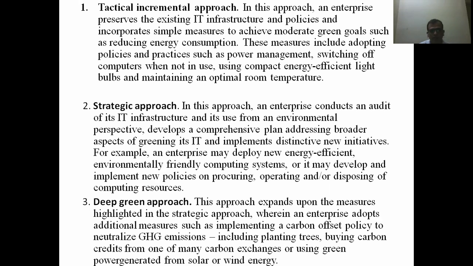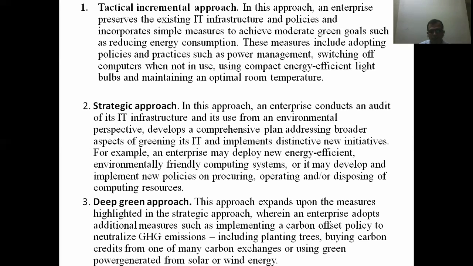The third approach is the deep green approach. It expands upon the measures highlighted in the strategic approach, wherein the enterprise adopts additional measures such as implementing carbon offset policies to neutralize the GHG emissions.